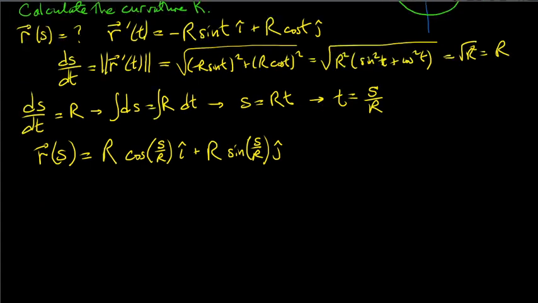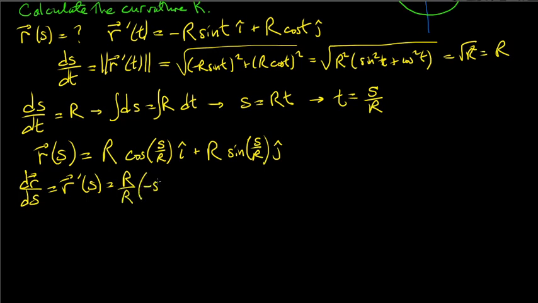Okay, well, now that we have the position, we can find the velocity just by taking the derivative. So the derivative of r with respect to s now, or r prime of s. It's almost as simple. We just need the chain rule here. So we're going to get the derivative of cosine is negative sine of s over r times 1 over r. So you can see that the r's cancel.